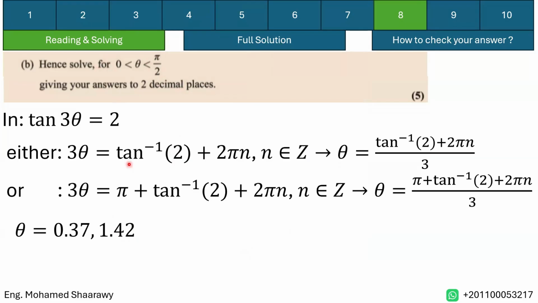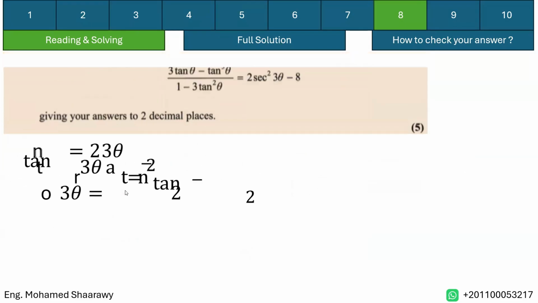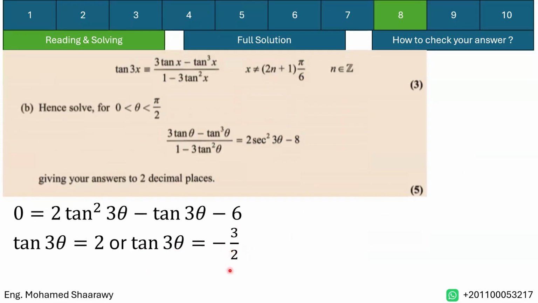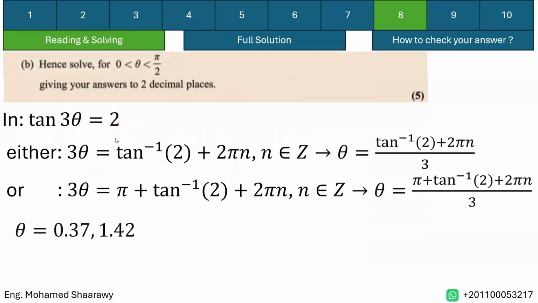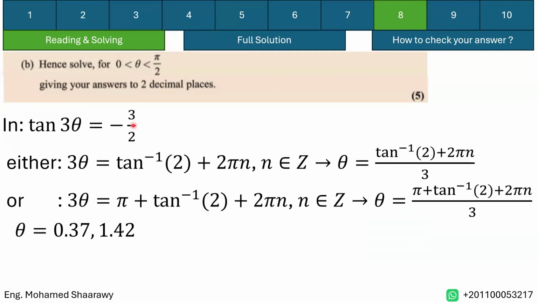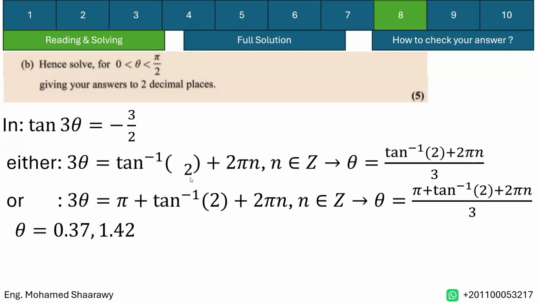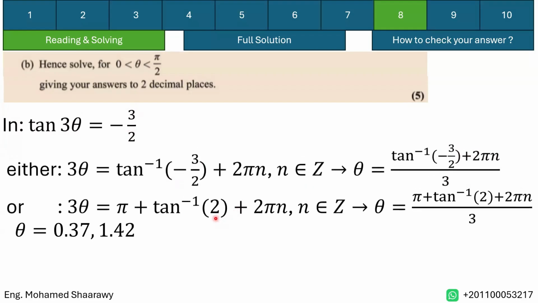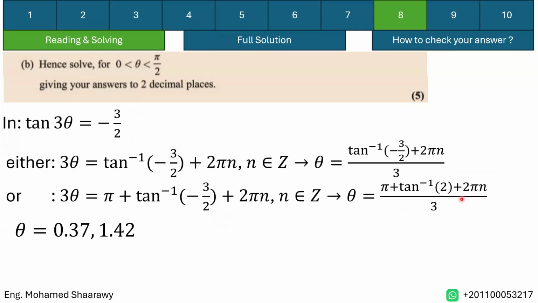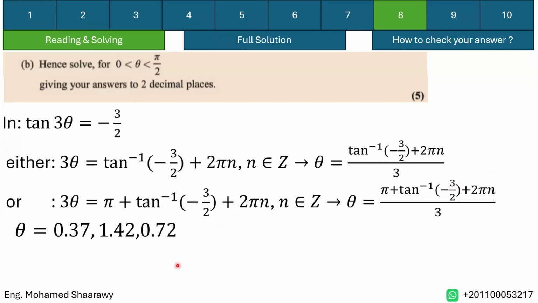Okay, don't forget that we also have other solutions for negative 3 over 2. So I need to do the same thing, but for the negative 3 over 2. I just replaced the 2 by negative 3 over 2, and now I found out that this is also another solution.